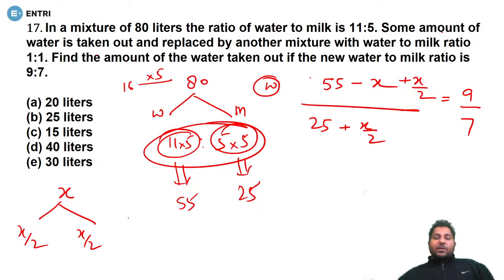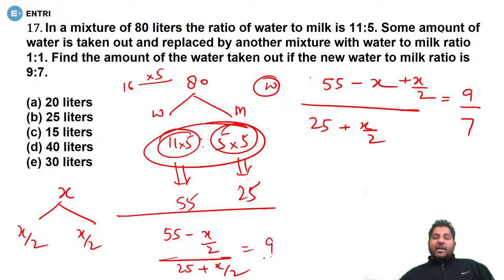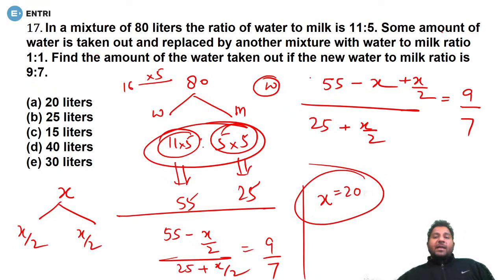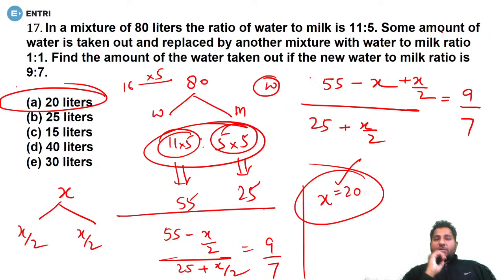After solving, (55 - x/2)/(25 + x/2) = 9/7. You can easily figure out the value of x as 20. So the amount of water taken out is 20. This was a really good question.